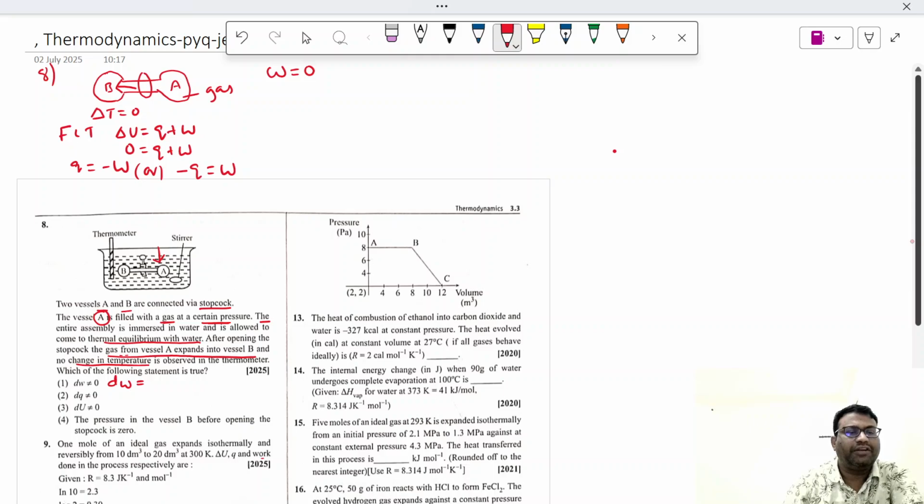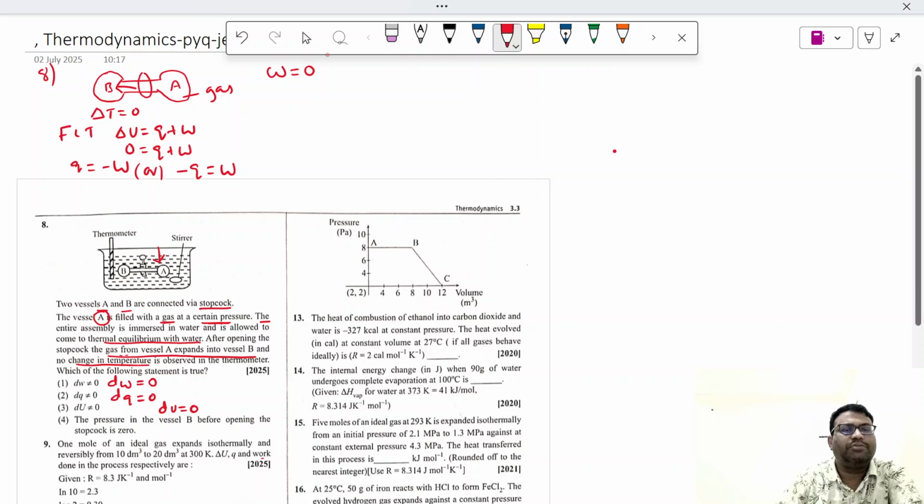The temperature is not changing, which means there is no change in Q. That means dQ is equal to 0, dT is equal to 0. Then dW will also be equal to 0, so dU is also equal to 0. So it is confirmed that work is not done.